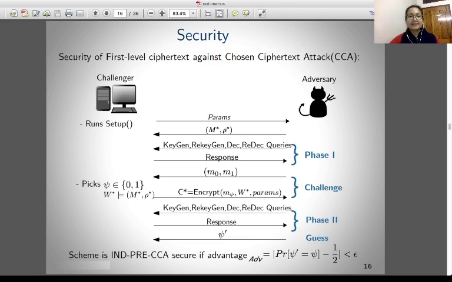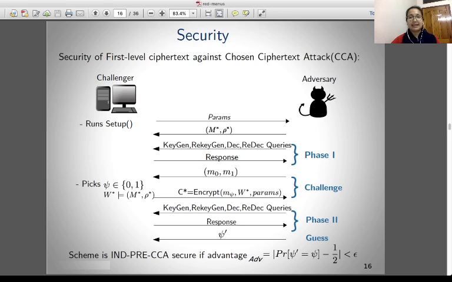Now, next I'll be talking about the chosen ciphertext attack security for the key policy attribute based proxy re-encryption schemes. So we will be talking about the security in the selective setting.